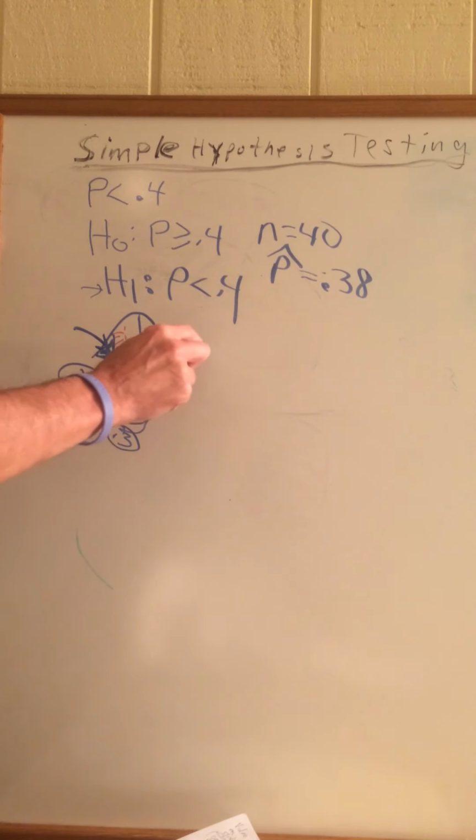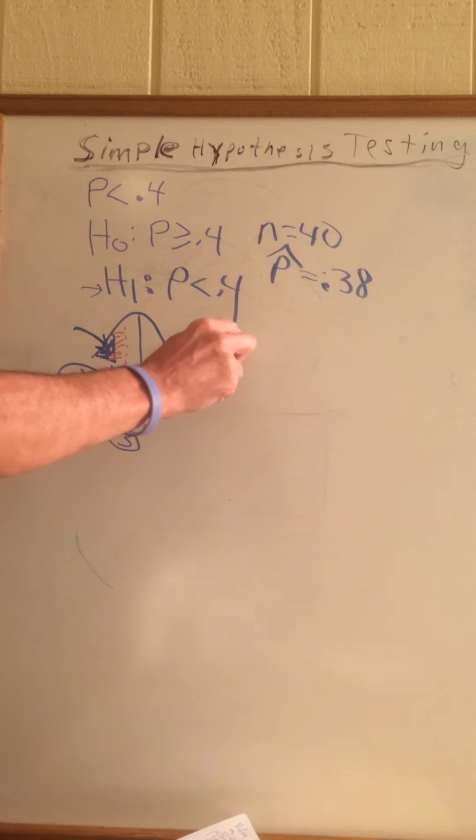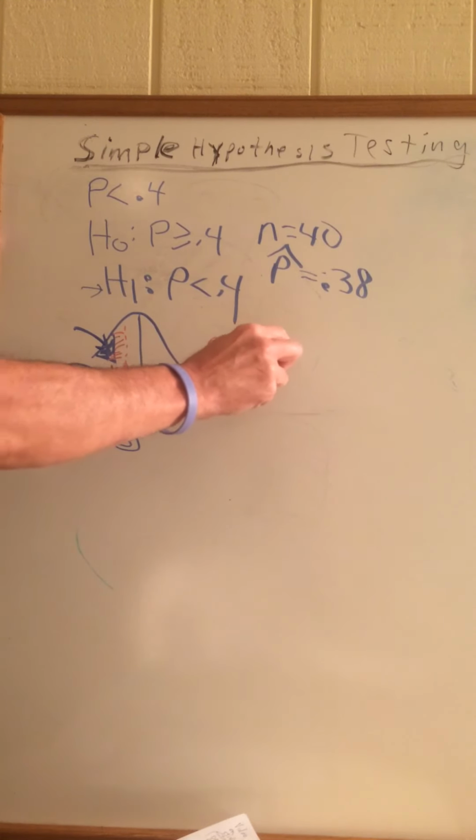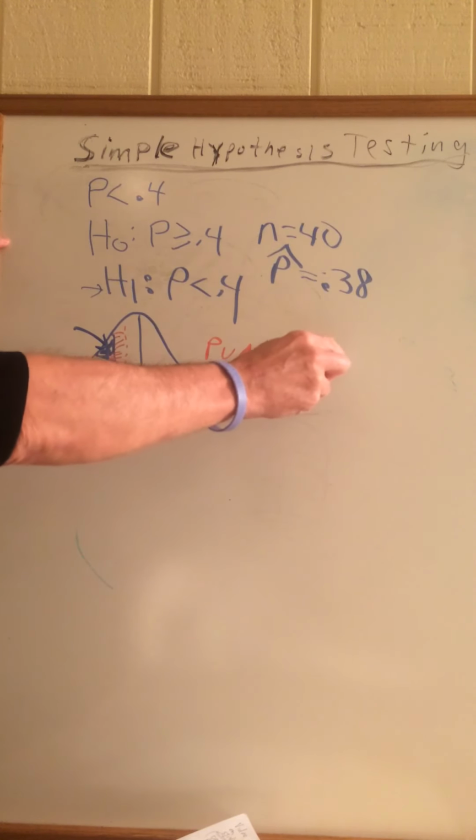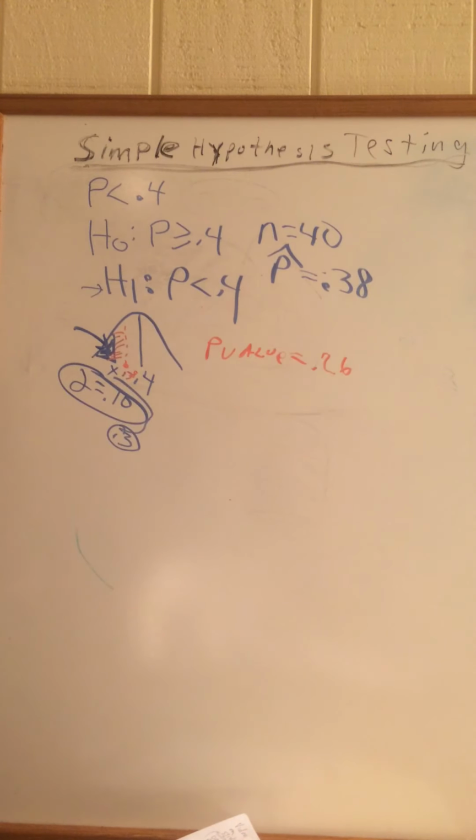That area, the p-value, in this case is 26%, 0.26. P-value is 0.26. So we cannot reject this null hypothesis in favor of our claim.